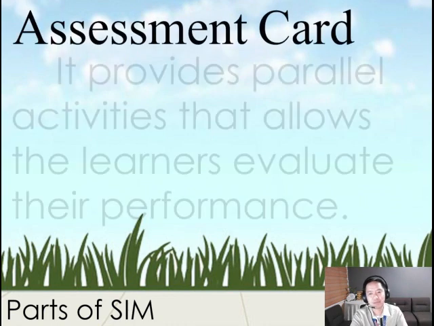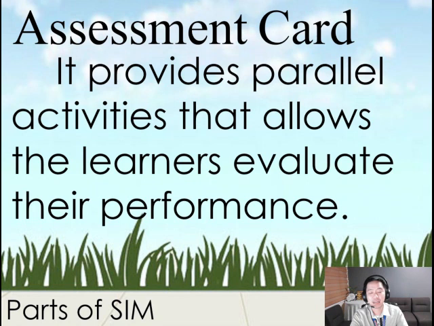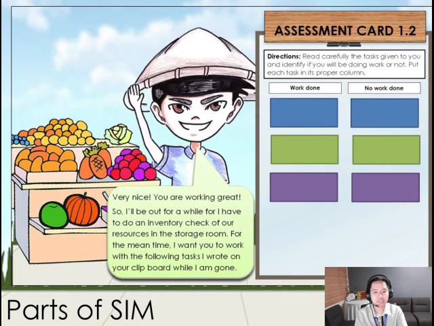Next is the assessment card. It provides parallel activities that allow the learners to evaluate their performance. After doing a series of activities, you can give them an assessment in the form of an activity also, or a simple assessment that will tell them if they were able to get the competency. An example of this is they have to examine people in a market.